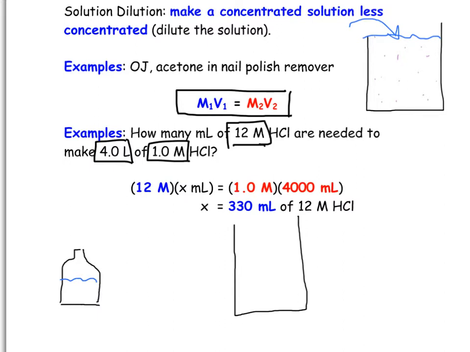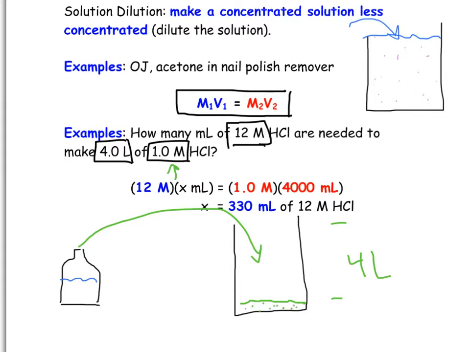Because I'm going to be taking some of this hydrochloric acid and pouring it, and we'll just pretend that this whole thing is 4 liters of volume. And I would only want to pour in a small amount of this 12 molar concentration in order to make a 1 molar concentration.